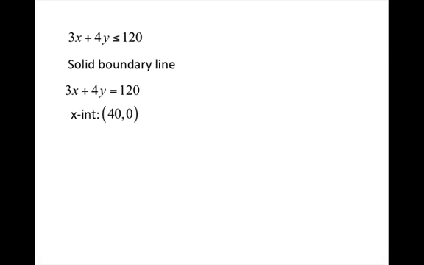So this gives me the intercept 40, 0. Then for the y-intercept, let x be 0. If x is 0, 4y equals 120. If I divide each side by 4, I get y equals 30. So this gives me the intercept 0, 30.